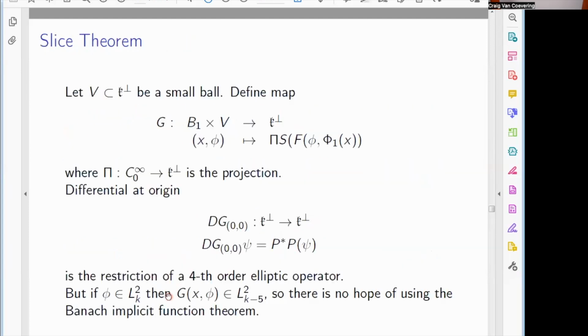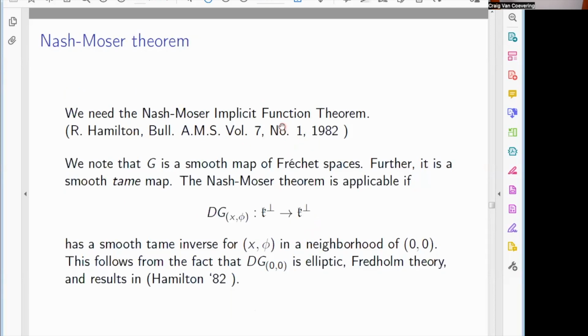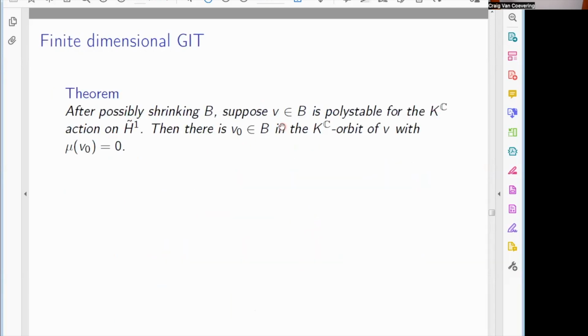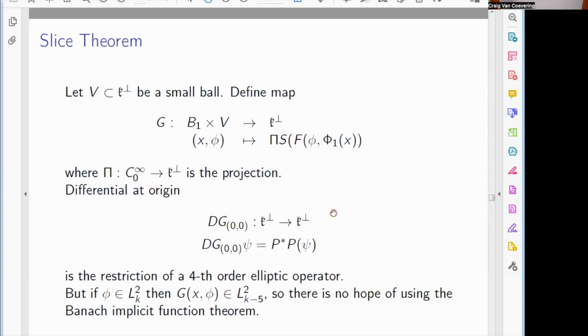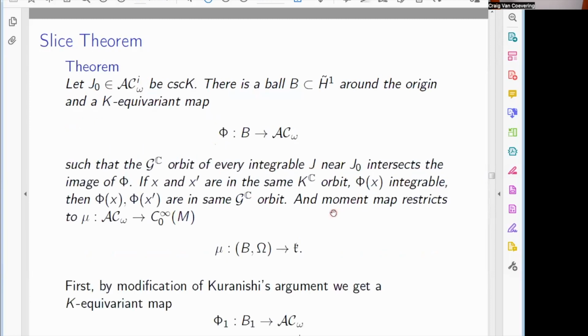So that gives, with the right implicit function theorem, here you can perturb to cancel out the perpendicular part of the moment map. So you're just left with the finite dimensional slice.